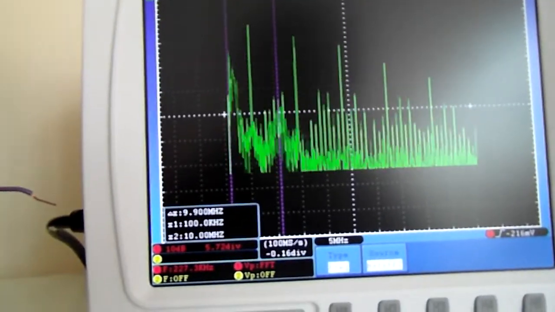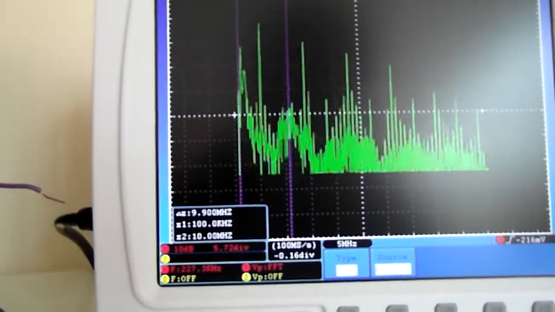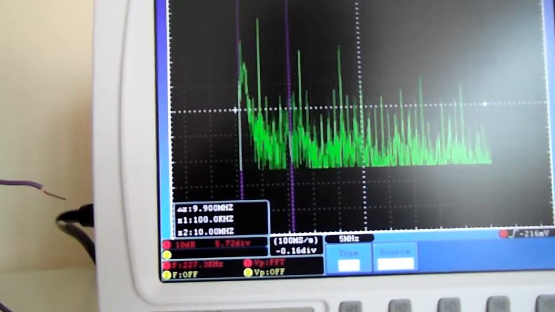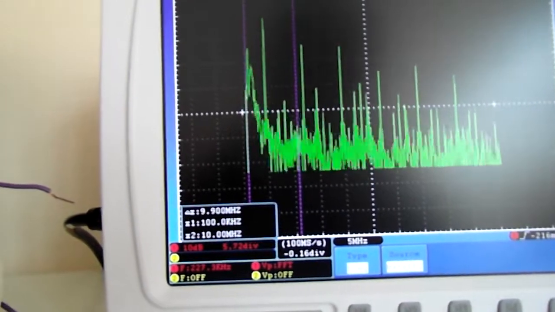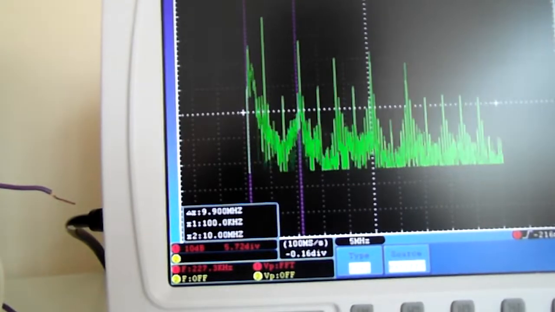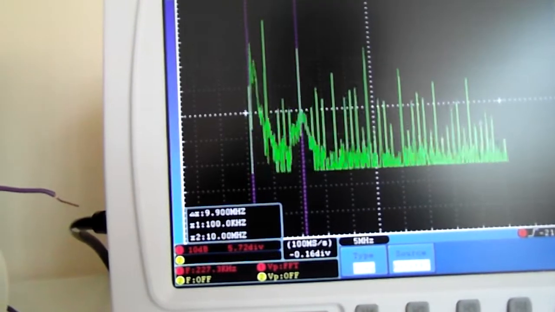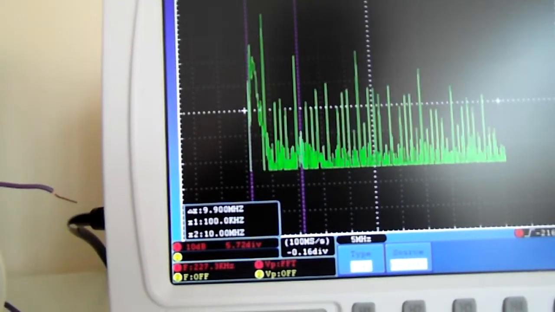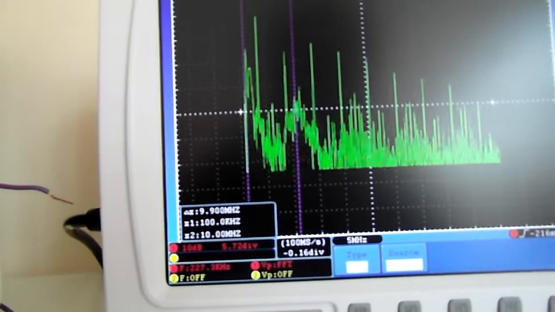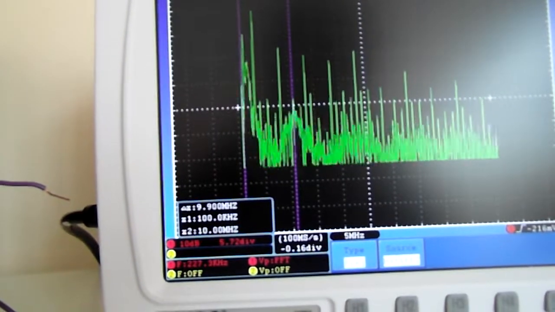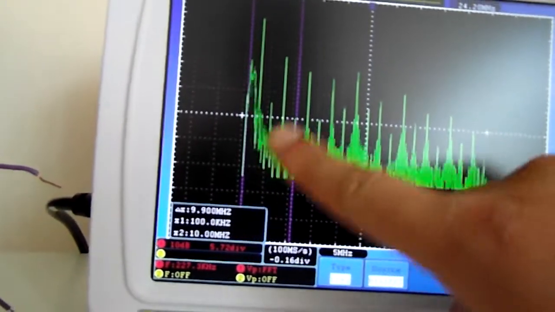Now I'm going down. Input is now 4.3 megahertz, and then 3.6, and then going down, 2.7. Still, we can see the tendency here.